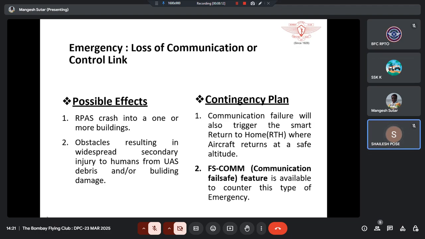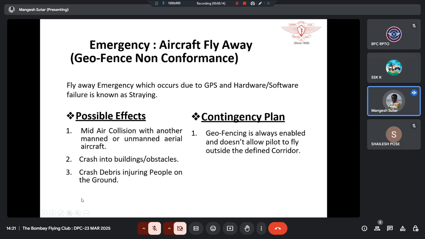Okay, let's see the next. Next, a lot of times when you are flying, your aircraft will just keep on flying. I give a throttle, or let's say I give a pitch forward motion.